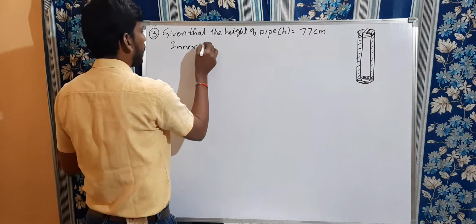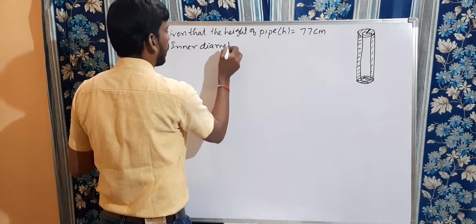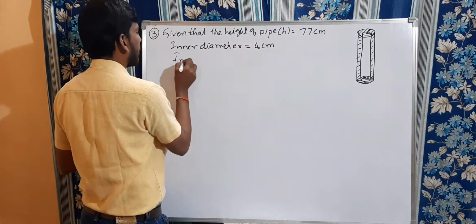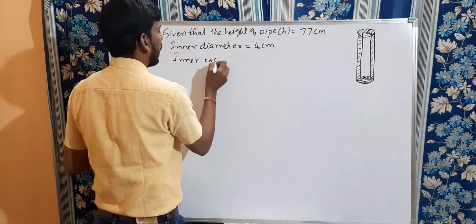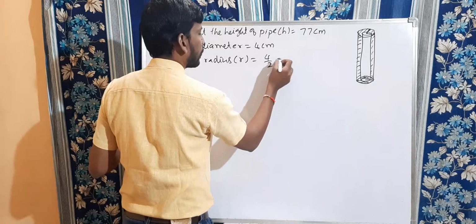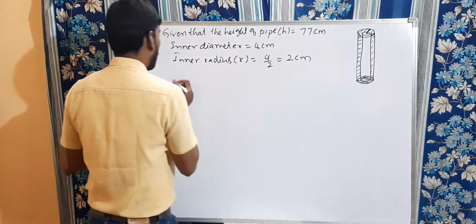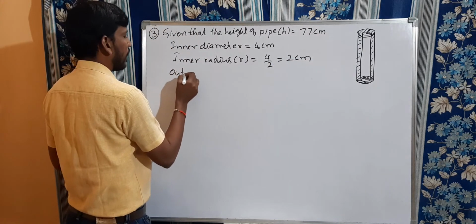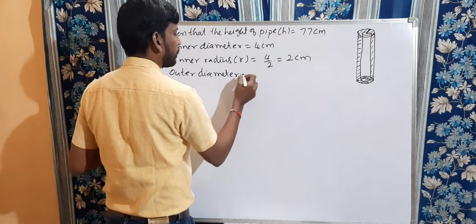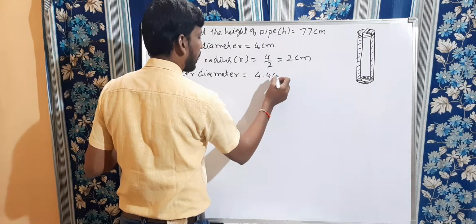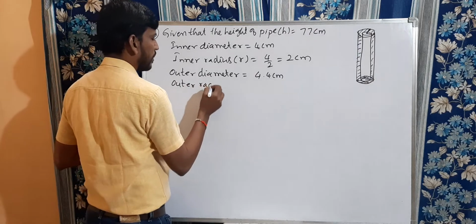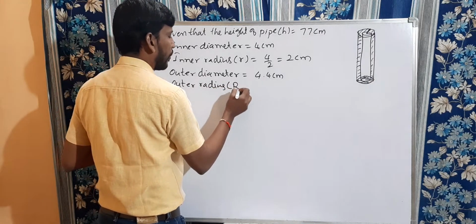Inner diameter is equal to 4 centimeter, then inner radius, we can take small r, is 4 by 2, which is equal to 2 centimeters. Now also they have given the outer diameter, which is equal to 4.4 centimeter, then outer radius, we can take here capital R.